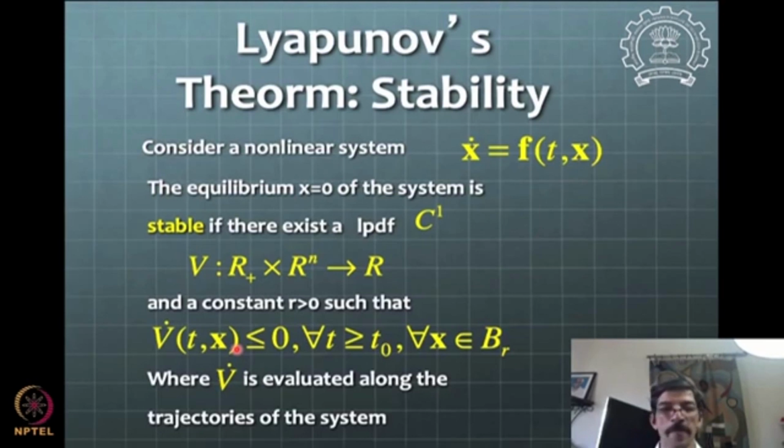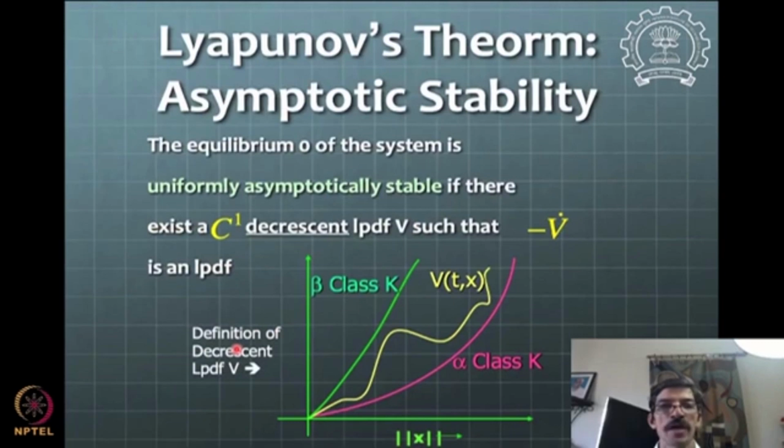Okay, all right. Now we have this uniformly asymptotically stable kind of a definition coming up here, where now there exists a decrescent LPDF V. So now this decrescency condition is coming in addition. So this function beta of class K is an upper bound.